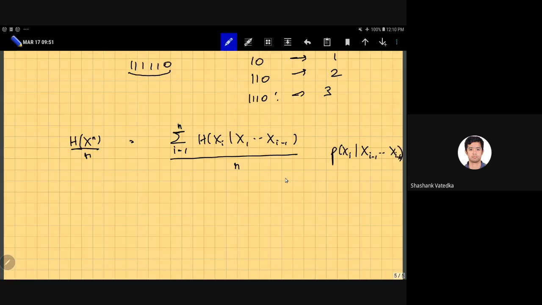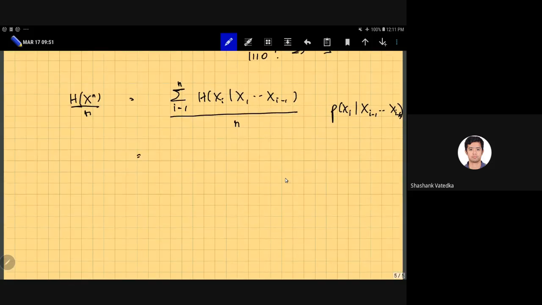If k equals 1, then it's just a first order Markov source. For general k, we have a kth order Markov source. So this implies that each symbol can depend only on the past few symbols, not too much in the past.